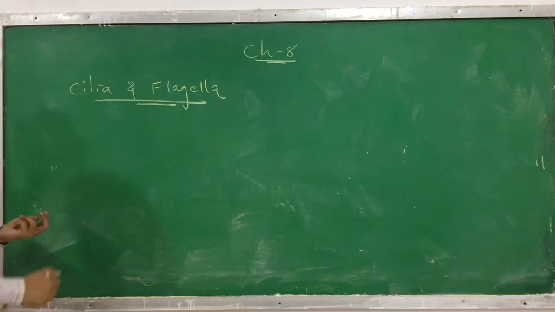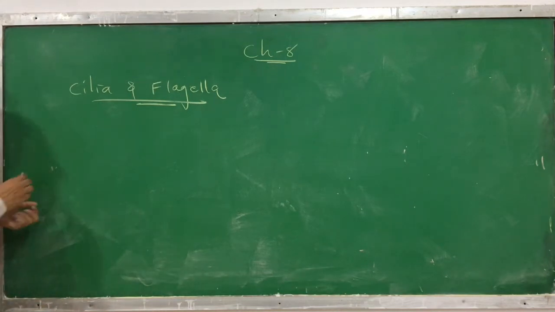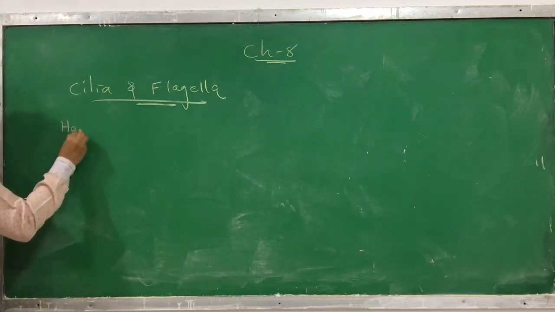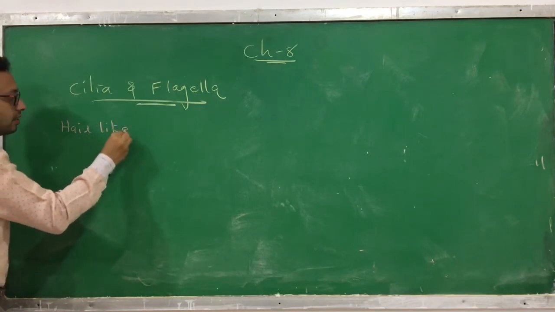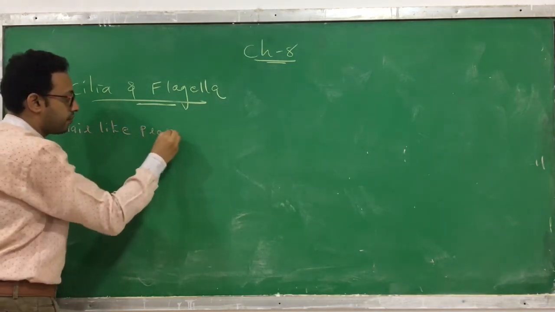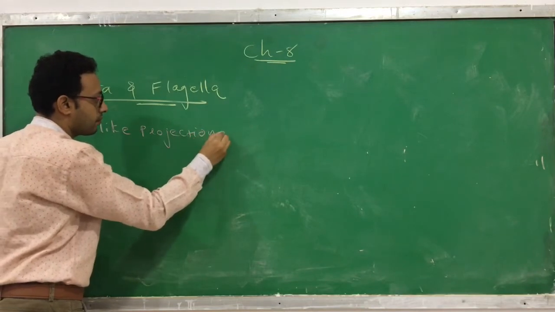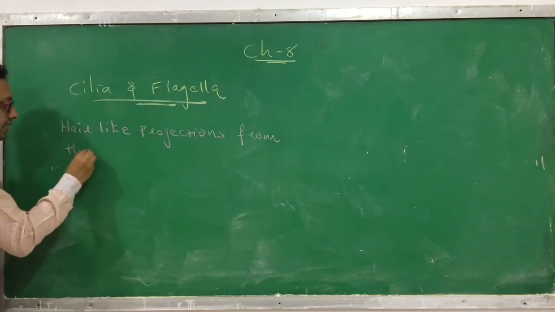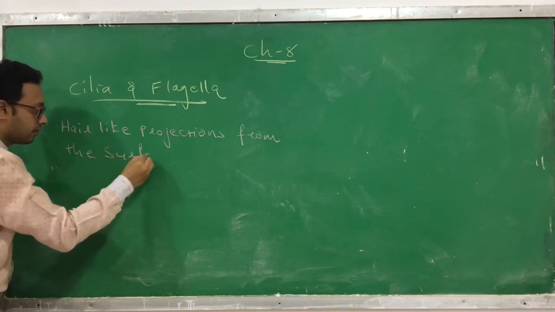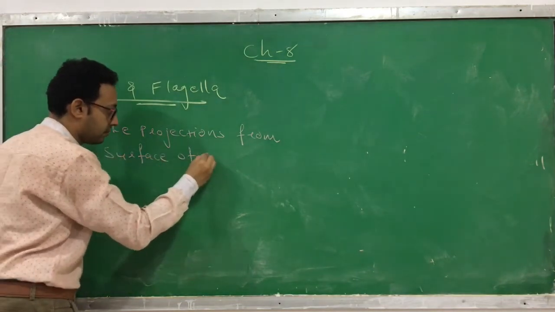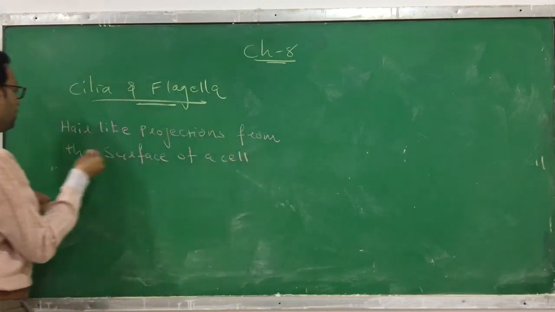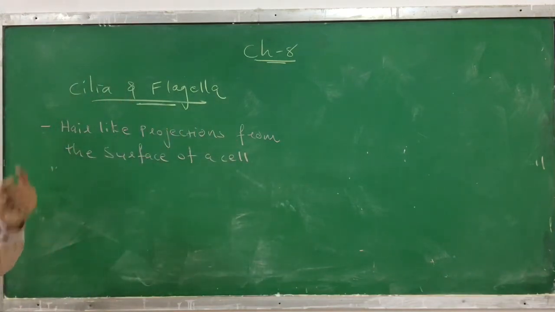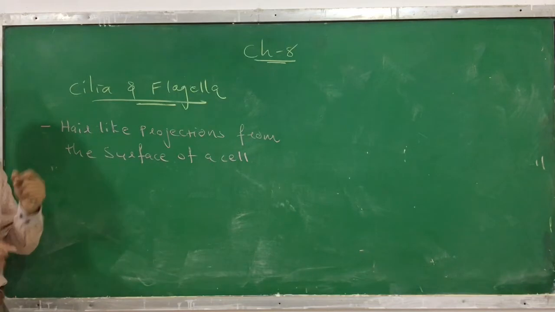What are cilia and flagella? They are hair-like projections which occur from the surface of a cell. They are called cilia and flagella.